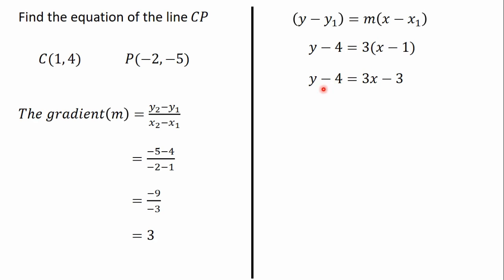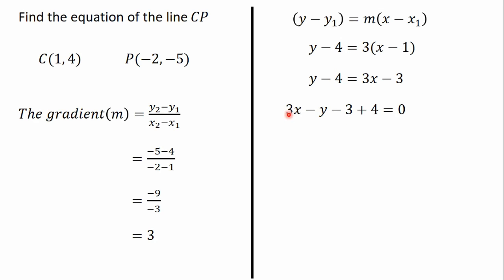Now when we expand this, we will have y minus 4 is equal to 3 times x, which gives us 3x, 3 times minus 1 gives us minus 3. I'm going to send all the terms onto the right hand side. When I do that, I'll have 3x, y is positive here, so when it crosses to this side it becomes negative, minus 3 is already here, 4 is negative here, so when it crosses to this side it becomes positive.